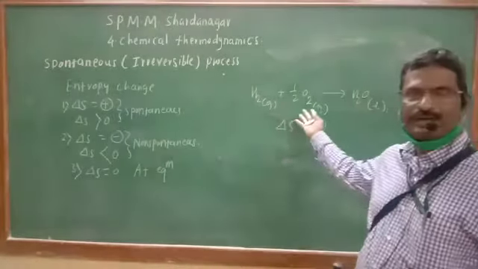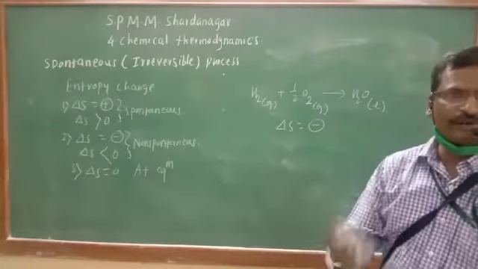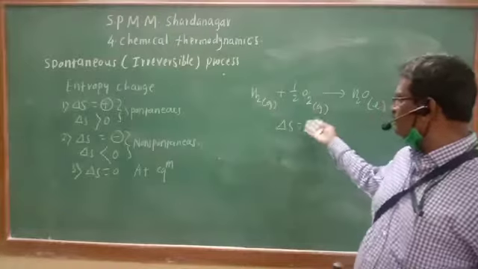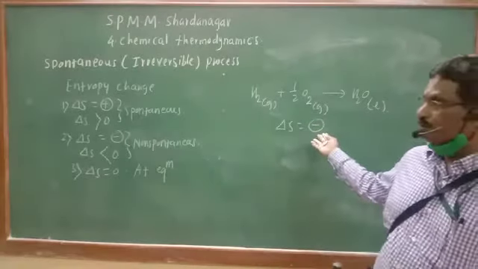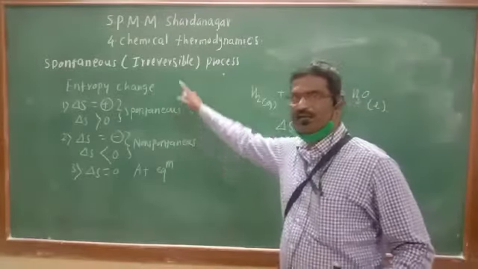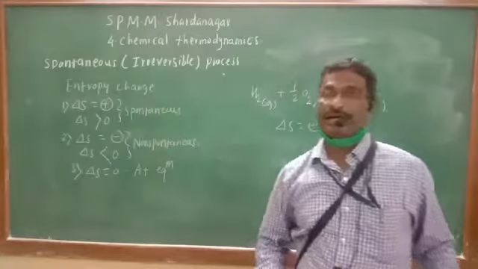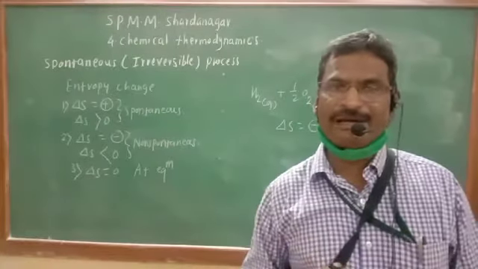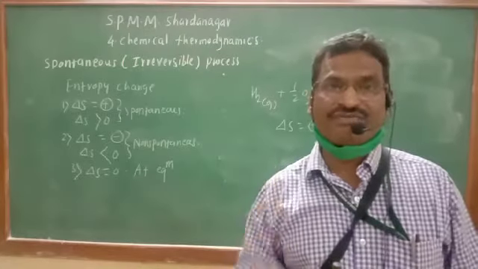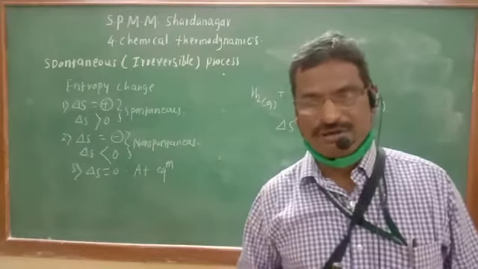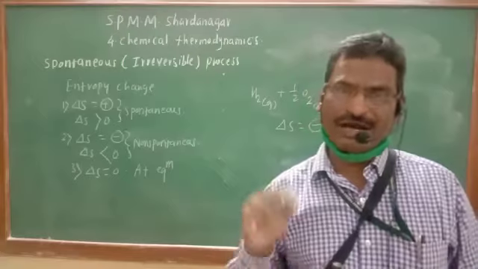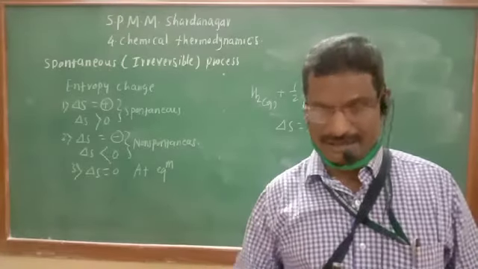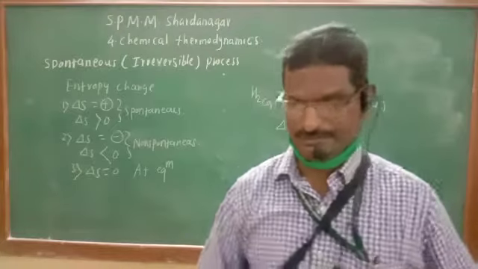These reactants react together, forming water, which is also a spontaneous reaction. Why is this spontaneous? Even though delta S is negative, it is not explained here on the basis of entropy change. So why that is so can be explained with the help of Gibbs-Helmholtz free energy. That part we will study in the next lecture, that is lecture number 16.